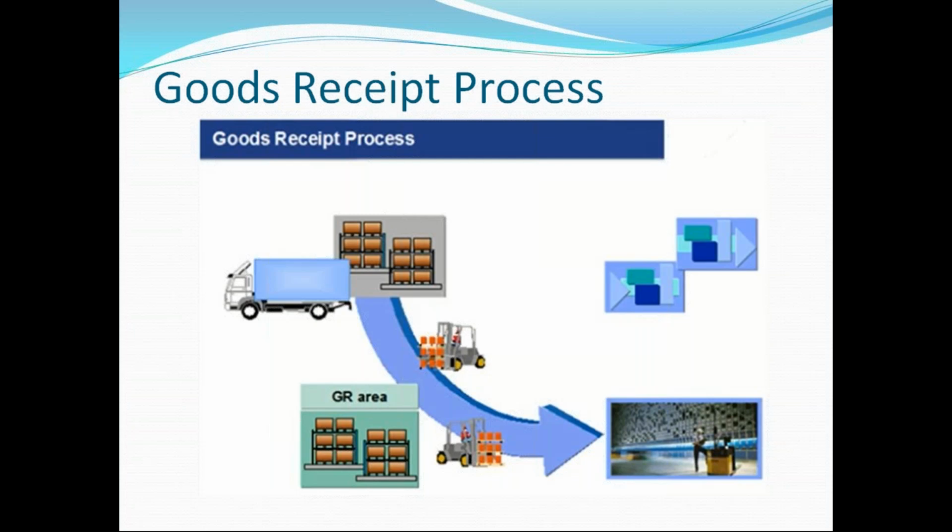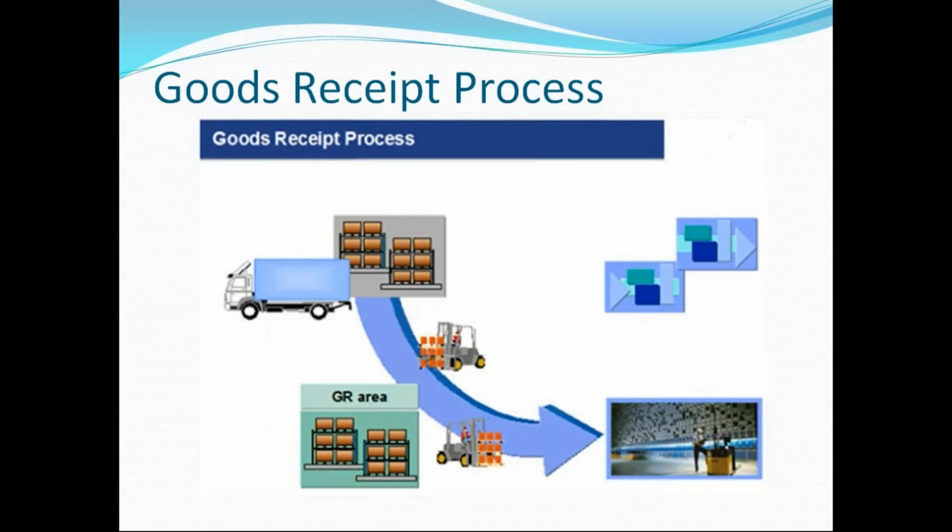So moving on to the goods receipt process in the SAP Warehouse Management System. This picture basically shows the actual goods receipt process in warehouse management. In the goods receipt cycle, initially you will be creating the purchase order. The purchase order will be created in the SAP system using the transaction code ME21N.